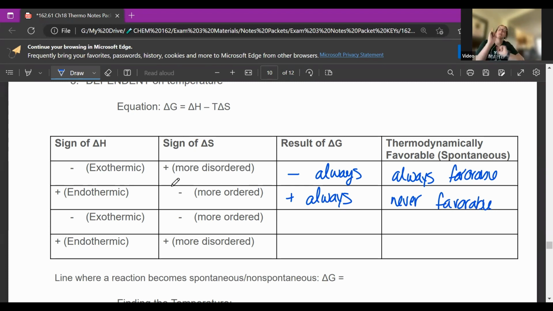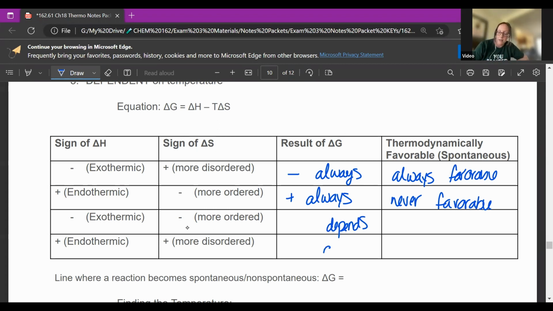Now, if it's reversed, like one of them is reversed, it depends. Okay, so if something is exothermic, probably favored, but if something has a negative delta S, probably not favored. So what happens? Well, it depends. Okay, same thing here. If I have a positive delta H, so it's endothermic, probably not favorable, but a positive delta S, probably favorable.